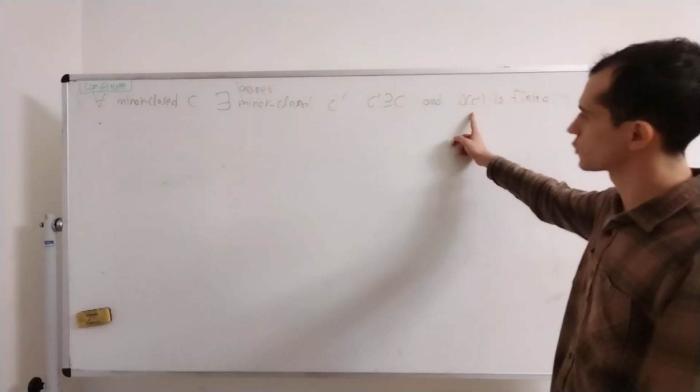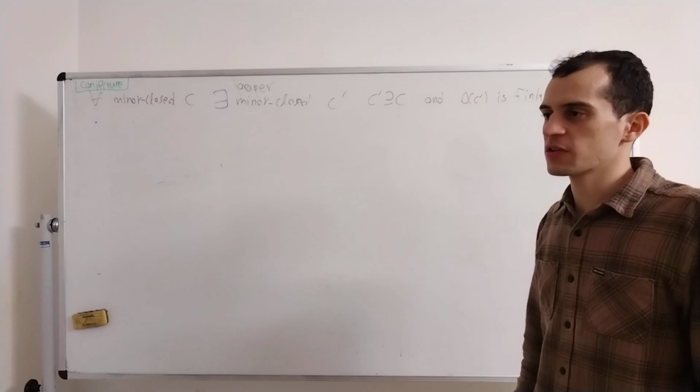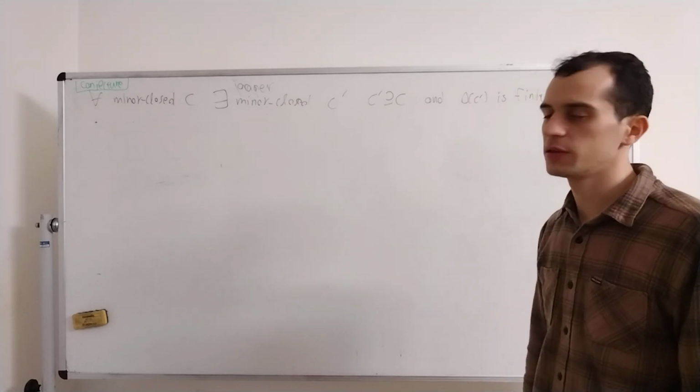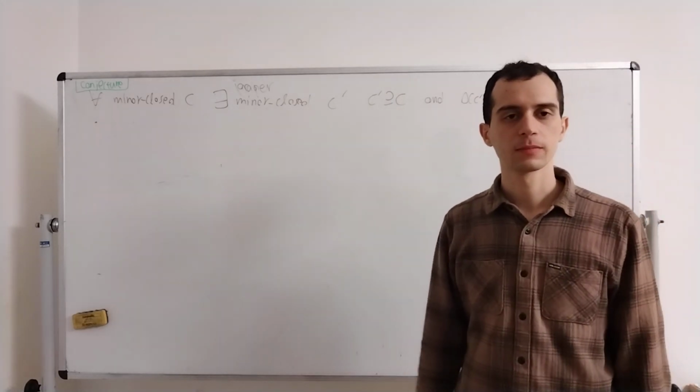And this looks like it should hold, right? So surely there must be some class including C and not having delta of C infinite, right?